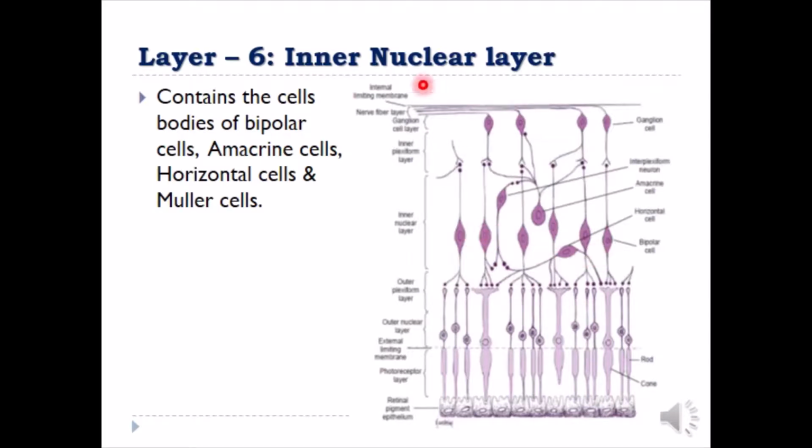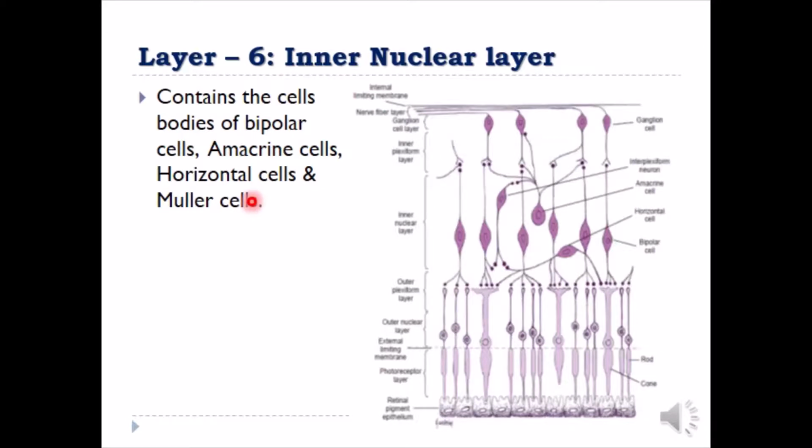And now comes the inner nuclear layer. Now we are entering into the inner layer, that means the bipolar cell. The nucleus and cell bodies of bipolar cells form the inner nuclear layer. Not only that, it also has amacrine cells, horizontal cells, and Müller cells. Just try to remember the names of these three cells: amacrine, horizontal, and Müller cells.